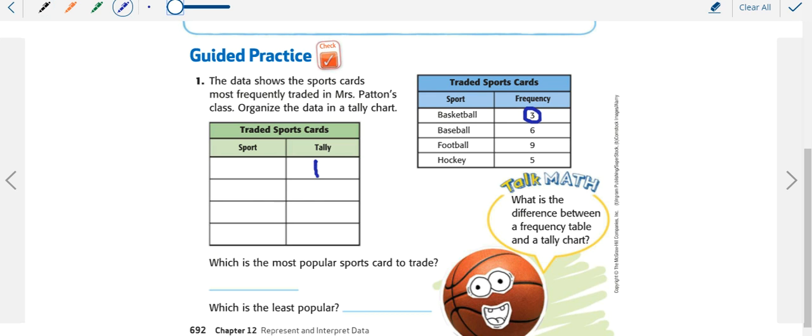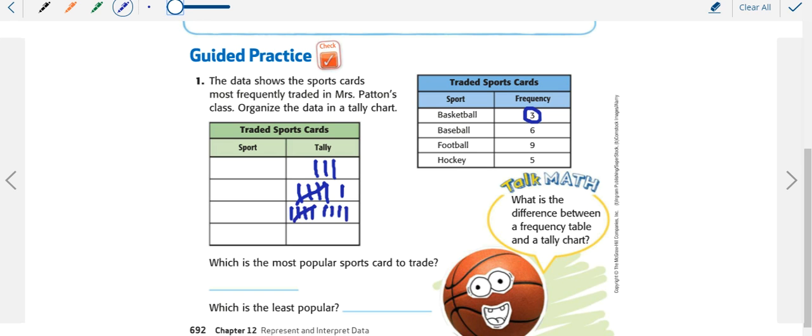So that means that you're going to draw 3 tally marks. For baseball, 6. So you draw 6 tally marks. Okay, 4, 5. Remember that we represent 5 like this, and 6. For football, 9. 1, 2, 3, 4, 5, 6, 7, 8, and 9.